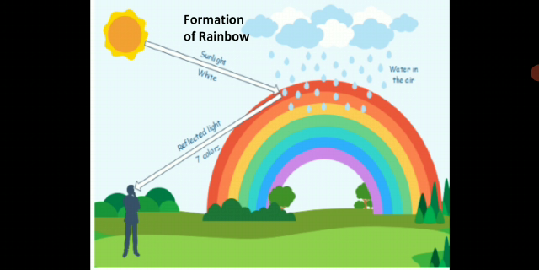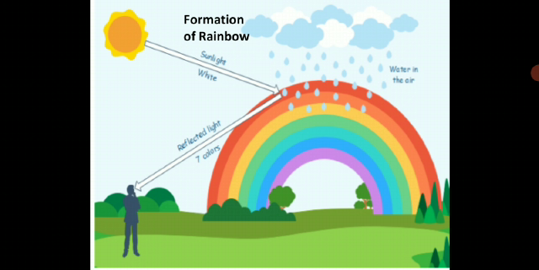Here you can see the formation of a rainbow: the white light of the sun falls on the water droplets in the air, and you see the formation of 7 colors. That means white light splits into 7 colors. In the sky you will see a rainbow.